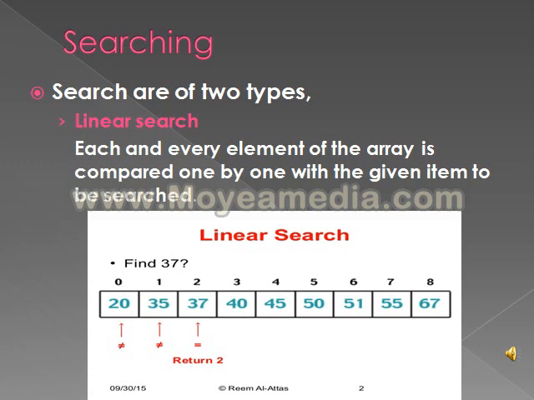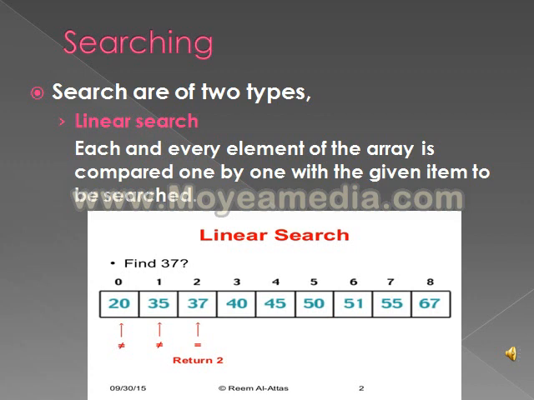Just look at the picture. Here I want to find the number 37 in the array list. There are totally 9 numbers, that is, the length of the array is 9. They have been allotted in the array list, starting from index 0 and ending at the 8th index.